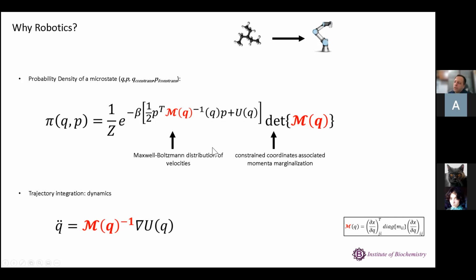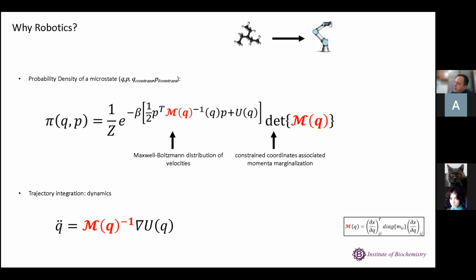In the case of generalized coordinates, it's not so simple anymore, because the mass matrix has the masses on the diagonal, but it's also multiplied by 2 Jacobians at each side. So to invert this mass matrix becomes difficult now. If you want to invert it directly, it's just not possible for systems that big.